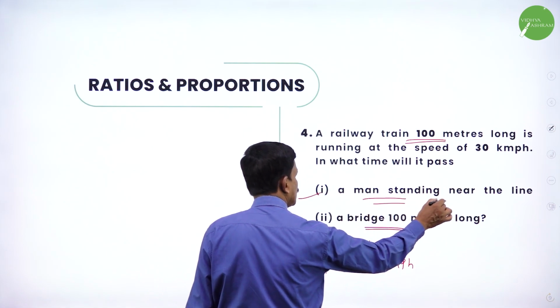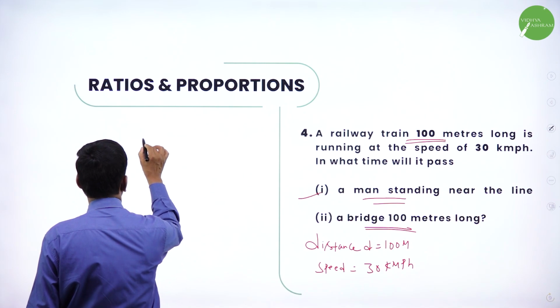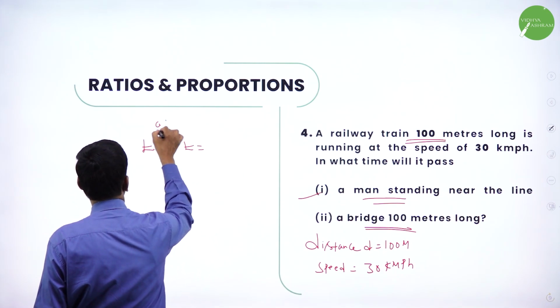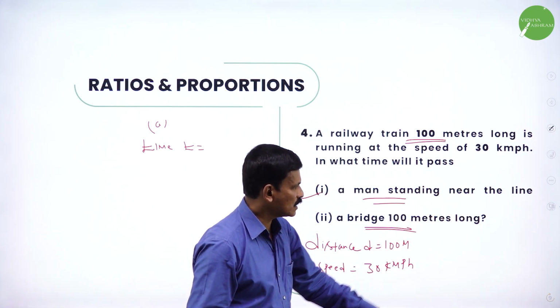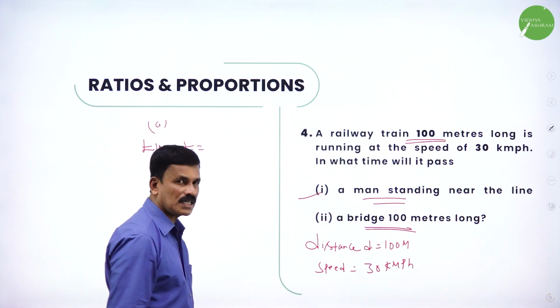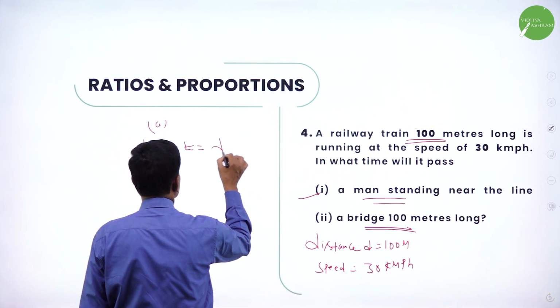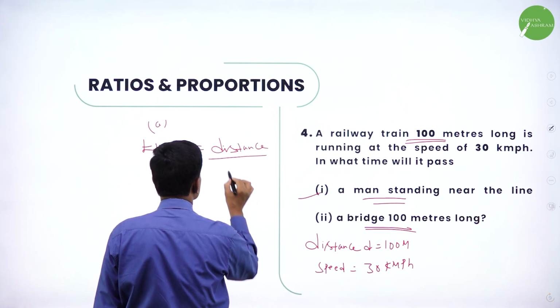A man standing near the train, what is the time taken? So the time t is equal to the time taken for a man standing near the line. Therefore the time is equal to distance traveled divided by the speed.